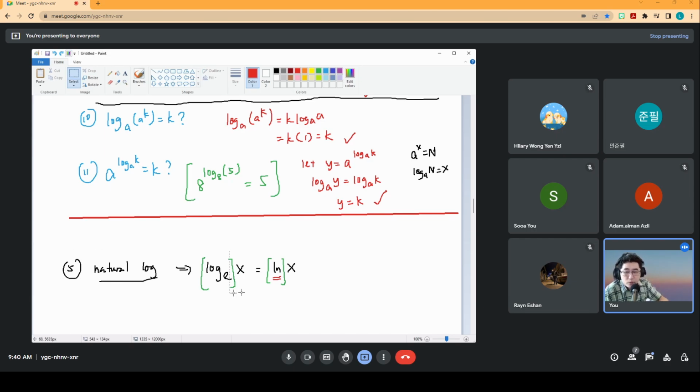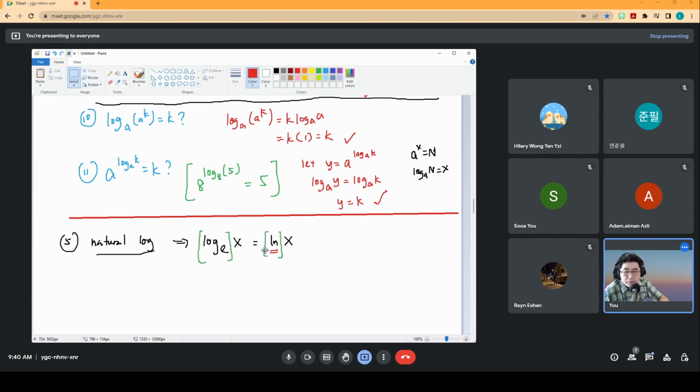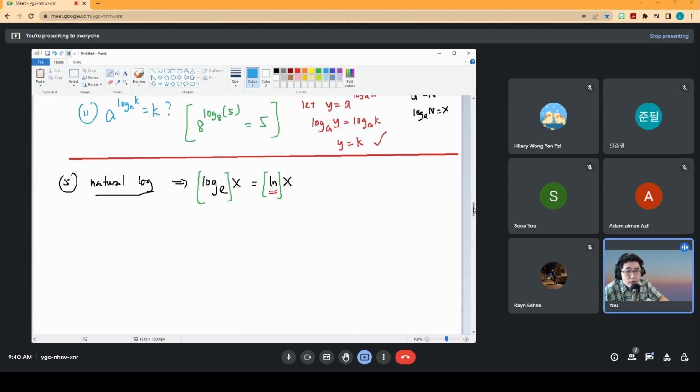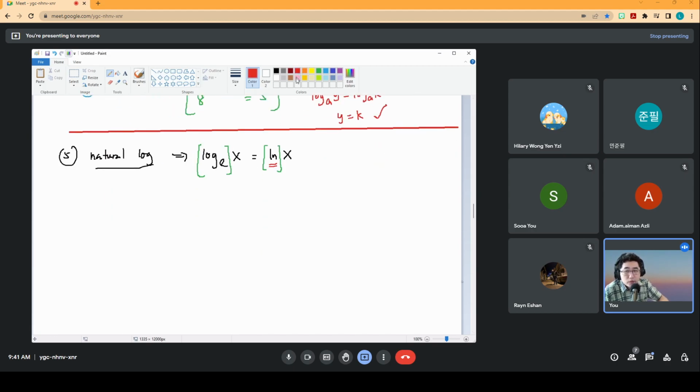So this is rule 10 and 11. Because ln here is the same as whatever log rules we had previously, all the logarithm rules apply over here.